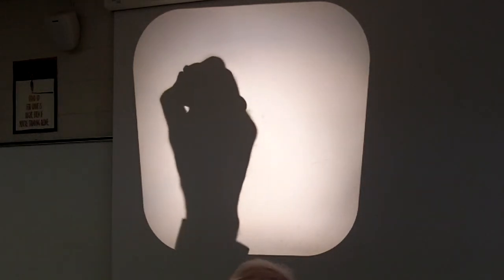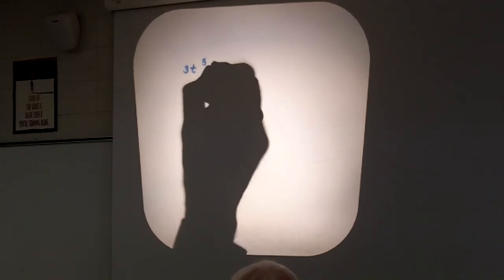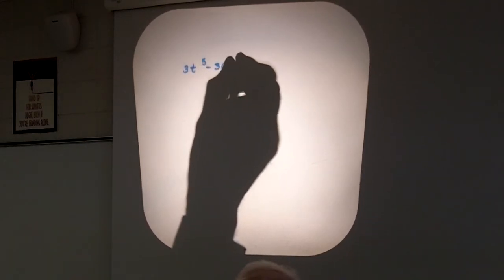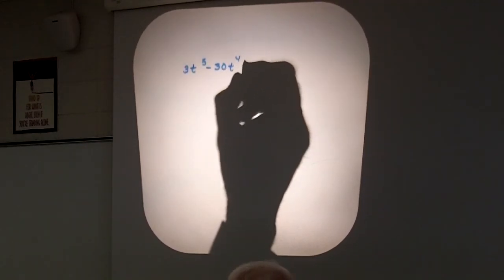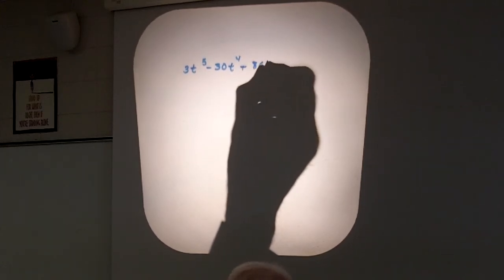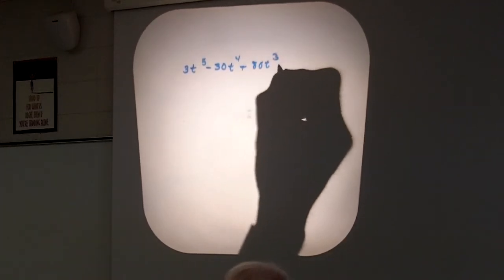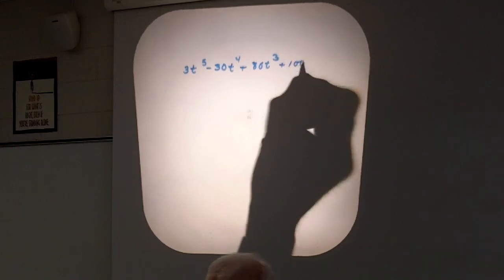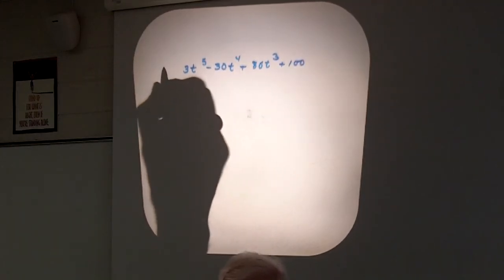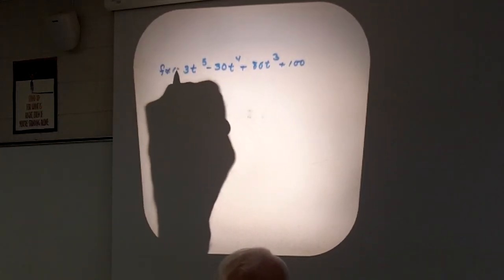55. Okay, here we go. Take a look at this. It's going to be a continuation of what I talked about a little bit earlier, learning how to factor. 3t to the 5th minus 30t to the 4th plus 80t cubed. Now you did do the problem in terms of factoring it, right?